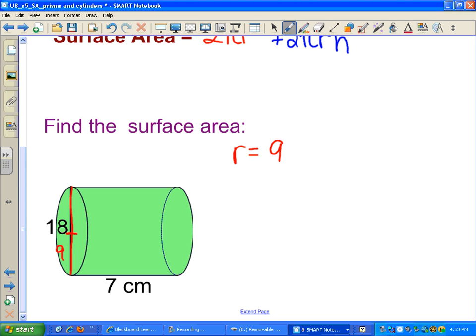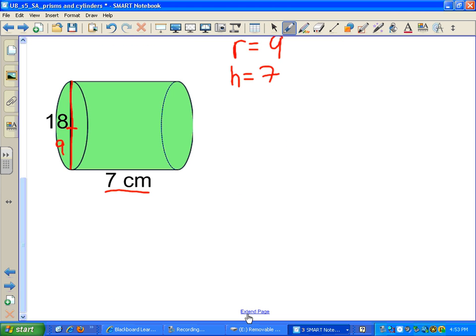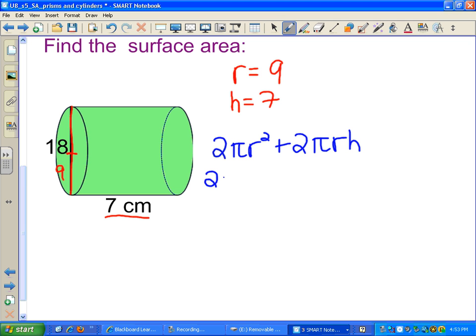So the radius is 9, and my height, what separates the two bases, is 7 centimeters. So my formula is 2 pi r squared plus 2 pi r h. And I'm going to plug in my values. So it's going to be 2 times pi times 9 squared plus 2 times pi times 9 times 7.